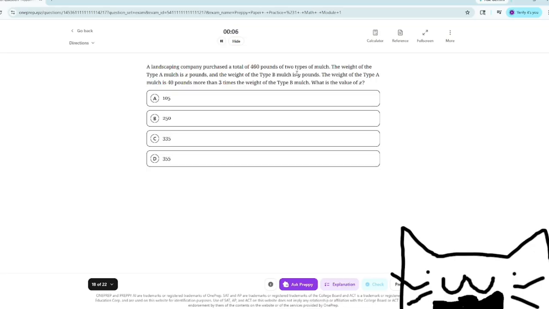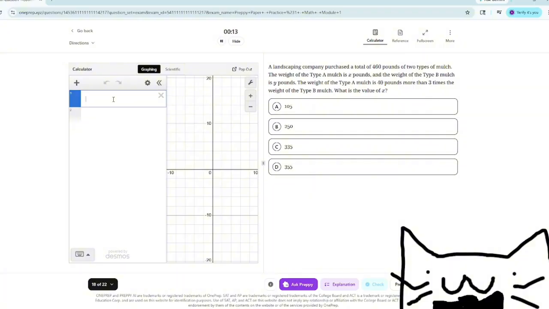The weight of type A mulch is, okay, let's see what it's saying. It's 40 pounds more than 3 times the weight of type B mulch, so x equals 40 plus 3y.